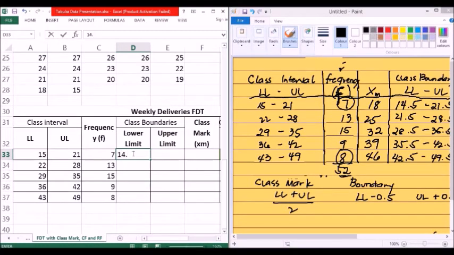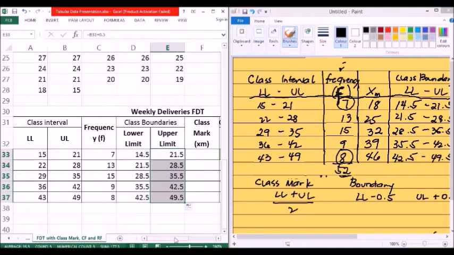Or kung sa Excel ka nag-edit, edi equals, click the lower limit, then minus 0.5. So, lalabas naman din po yung correct answer natin. Then, for the upper limit, equals, click mo lang yung 21 plus 0.5. O, ayan. So, 21.5. Then, double click.